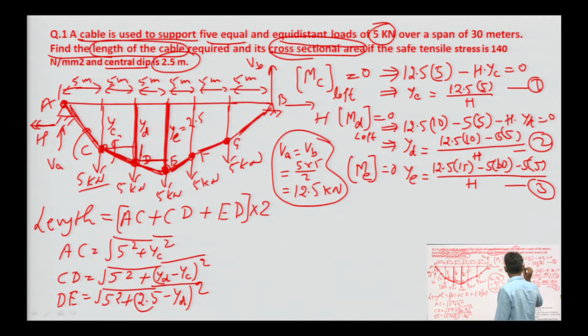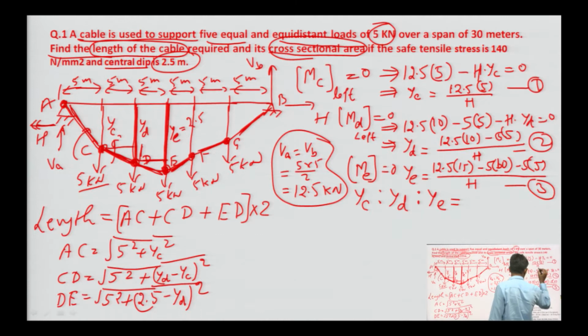Now we can calculate the ratio of YC to YD to YE with the help of these three values. H will be cancelled out.